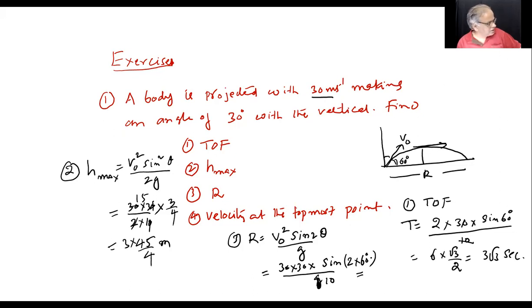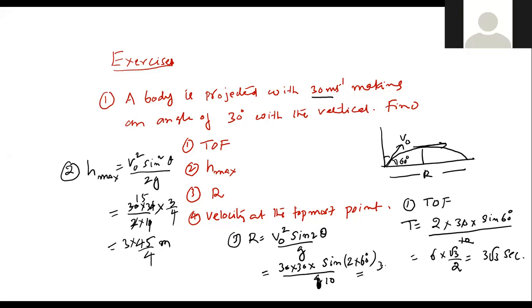And you can also get it if you remember how to get it, right? Sine 120, how should I write? 90 plus 30. So sine 90 plus 30 is cos 30, right? So root 3 by 2.